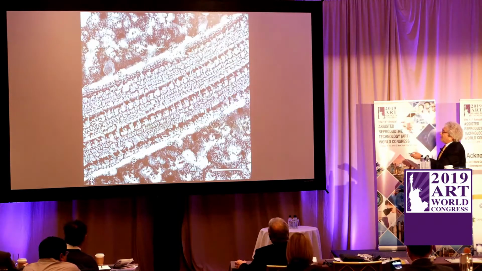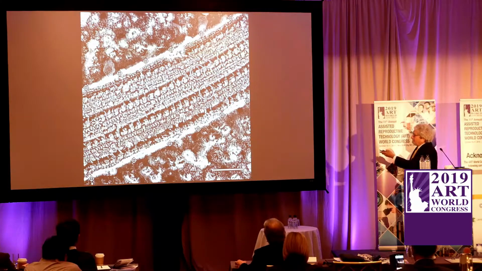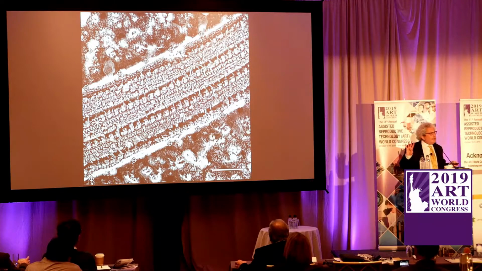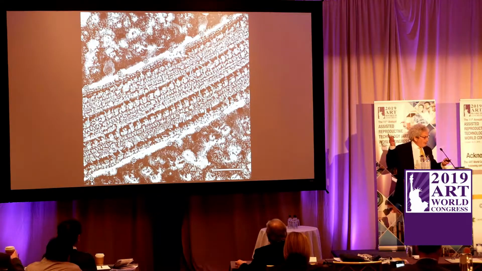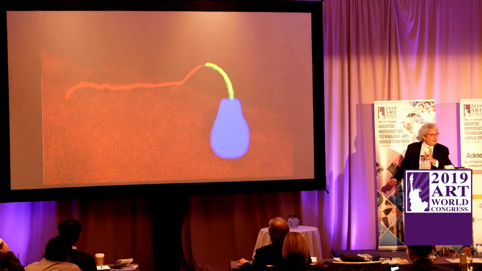And in fact, this is an image of a sperm tail with quick freeze deep etch. And each of these microtubules is about 400,000 times smaller than what we measure as the tail by immunofluorescence.